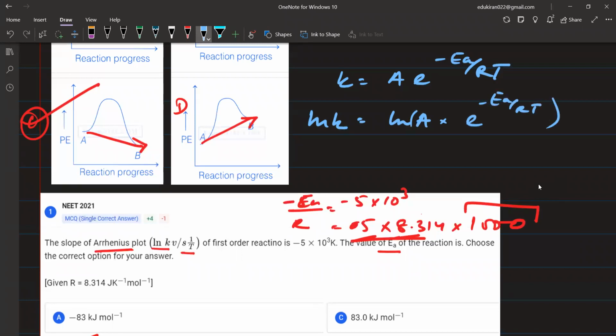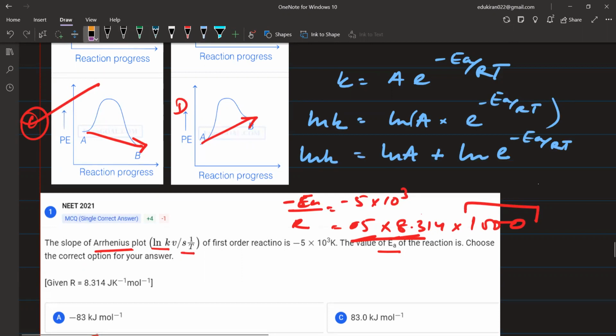Now using the formula of log, log of A into B is equal to log A plus log B, so ln K will become ln A plus ln of e to the power minus EA upon RT.